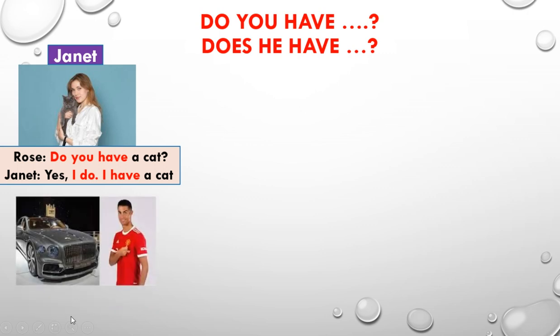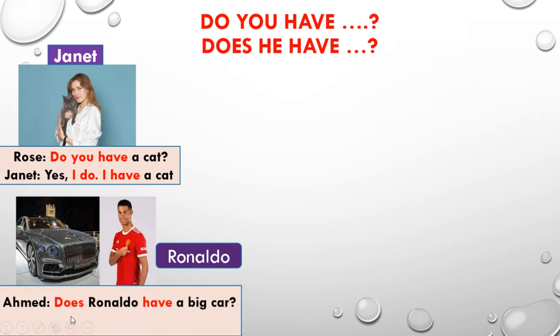Now, next example. Of course, you all know this person. He is a famous footballer. His name is Ronaldo. Okay, look at his car. Look at Ronaldo's car. It's a very big and expensive car. So here we have Ahmed. He asks this question. Does Ronaldo have a big car? Does this Ronaldo have a big car?